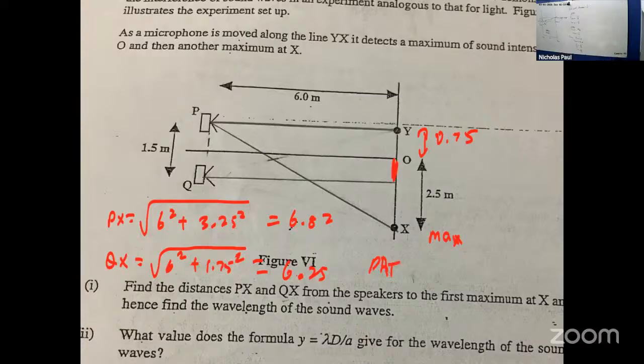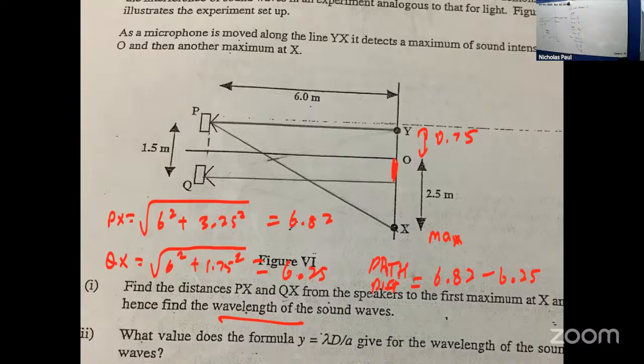Everybody get that? 6.25. So the path difference is equal to 6.82 minus 6.25. That's the path difference, right? But why do I need that? To find lambda. So Nathan, since x is the first maximum, what's the path difference at x?